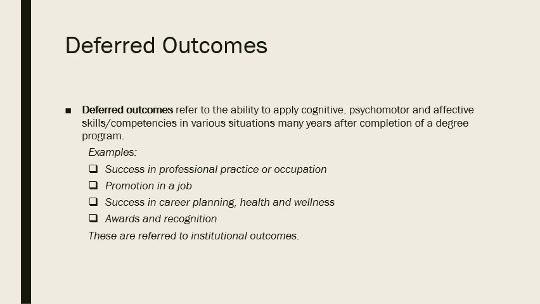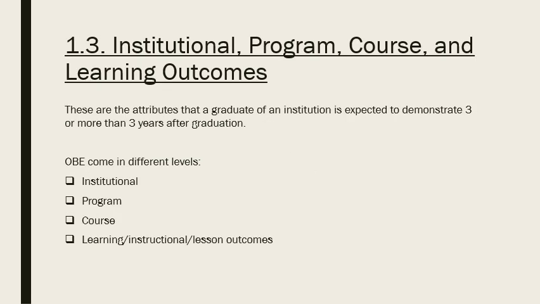Another, success in career planning, health and wellness, and also awards and recognitions. So these are referred to as institutional outcomes. Every institutional outcome is also a deferred outcome. It's a lifelong learning. Okay?